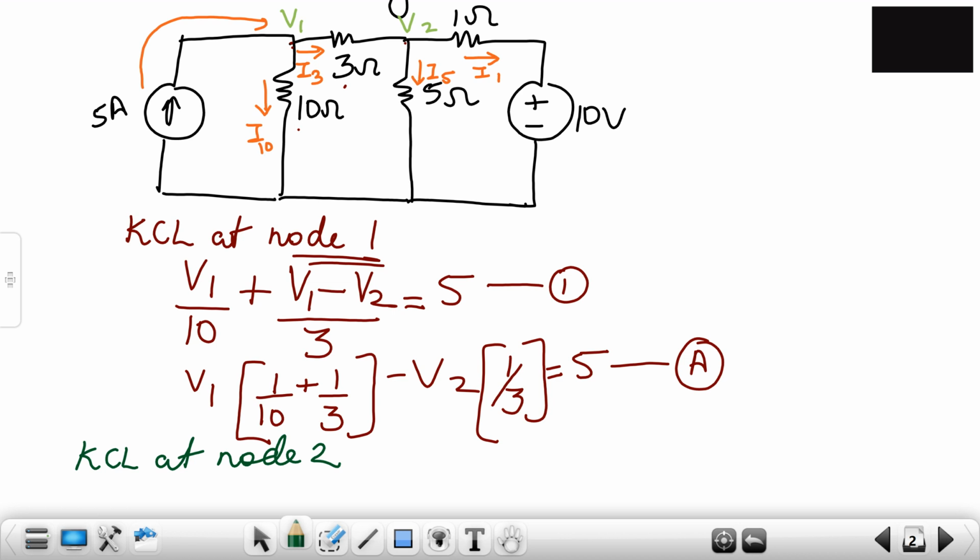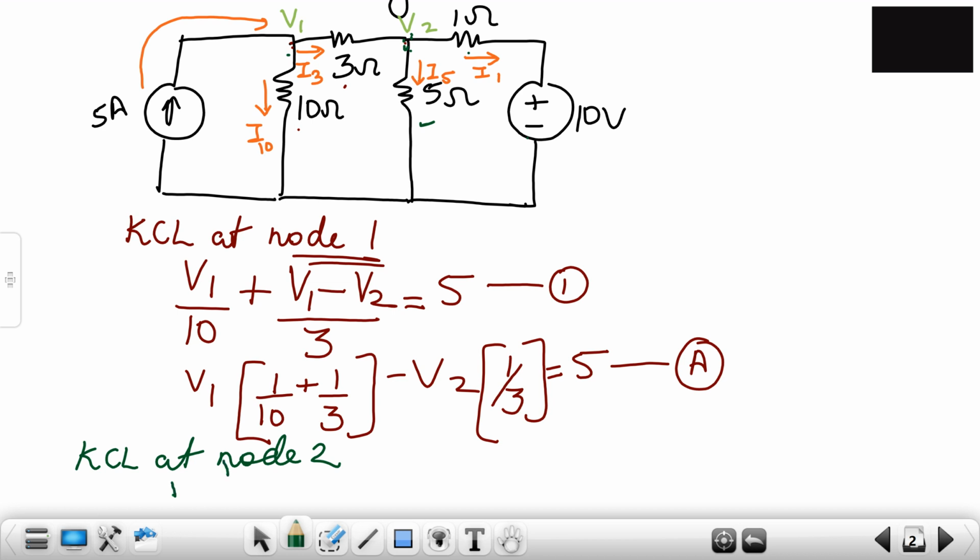Again, it will be (V2 minus V1) upon 3 ohms, plus V2 upon 5, plus (V2, that is the node voltage at node 2, minus 10 volts) upon 1, is equal to 0.